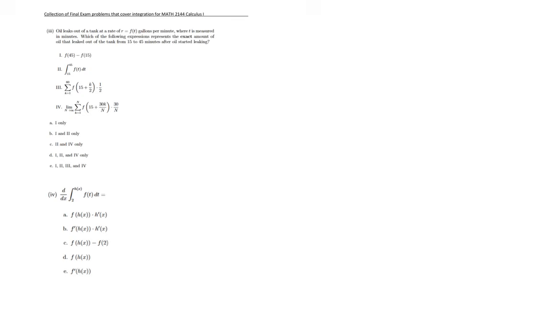Oil leaks out of a tank at a rate, so I'm given a rate where t is measured in minutes. Which of the following expressions represent the exact amount of oil that leaked out from 15 to 45 minutes? Okay, so we're given a rate of change of the oil leaking out, and I'm asked to find the exact amount of oil that leaked out.